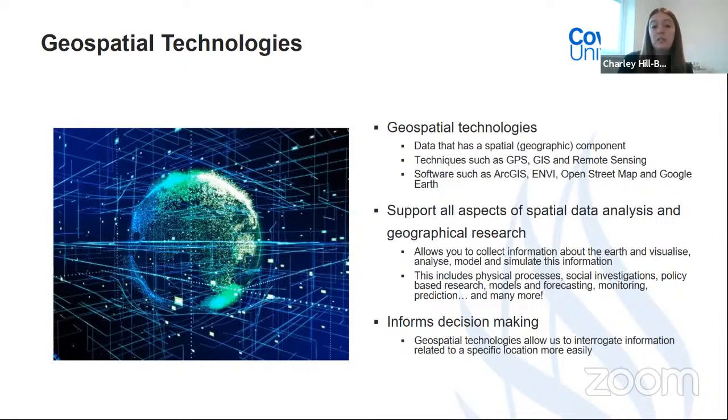And what we're going to do today is start to break these down in terms of that umbrella term. What do we mean by geospatial technologies? What do we mean by geospatial? But how can we use that, or how has it been used so far in the technological developments that we're seeing over the last decade or so?